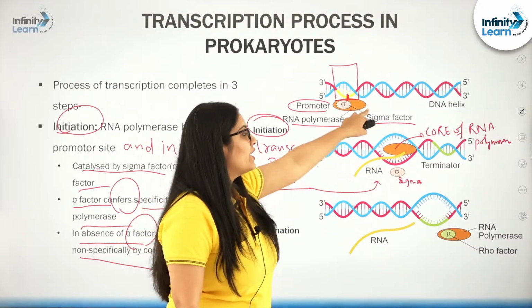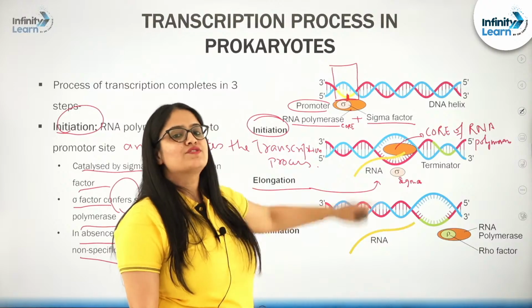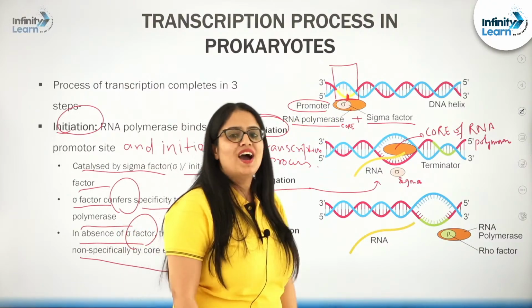Sigma is required only in initiation because it provides specificity to the RNA polymerase.